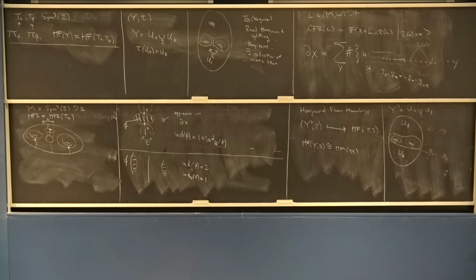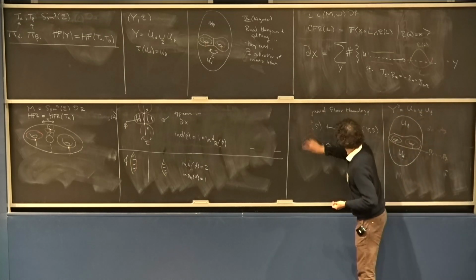I imagine there is some spectral sequence. There are all sorts of fancy tools. I guess the naive thing to slightly worry about is, maybe I'll give you an example right now. You can't always achieve transversality simultaneously for the things that appear in CFR and CF. So I'll try and convince you of that right now.